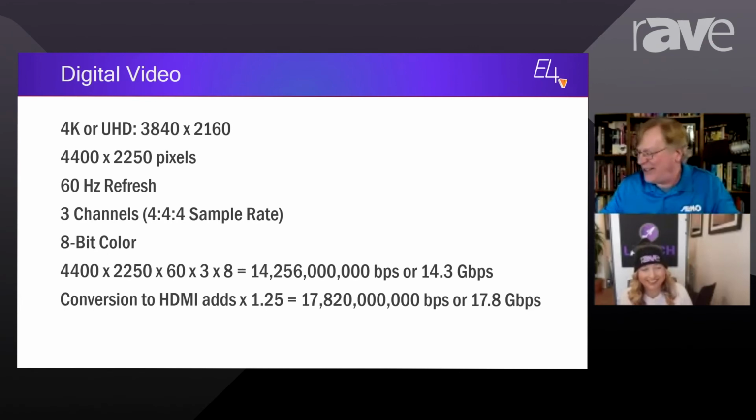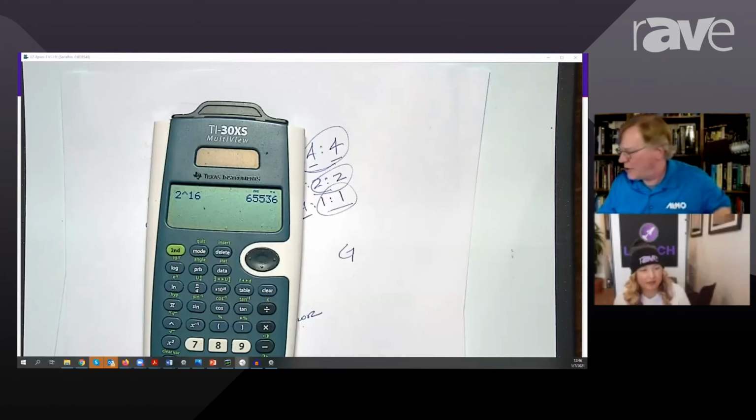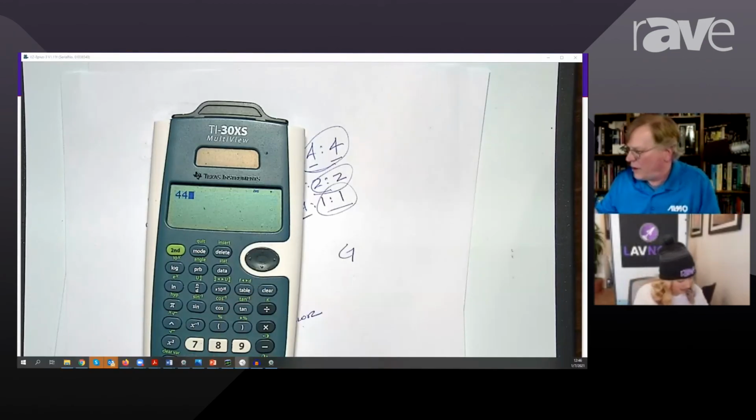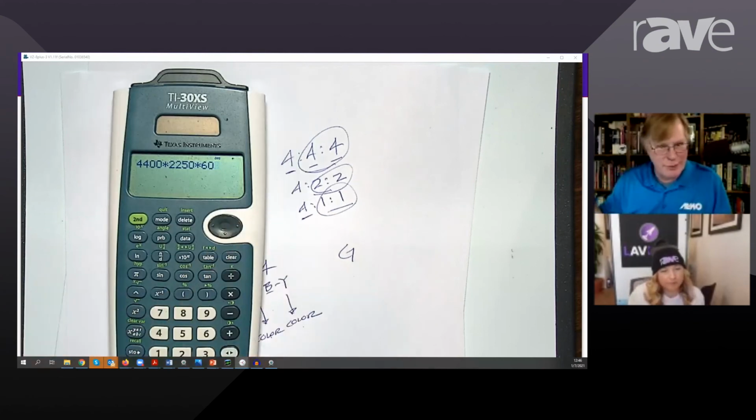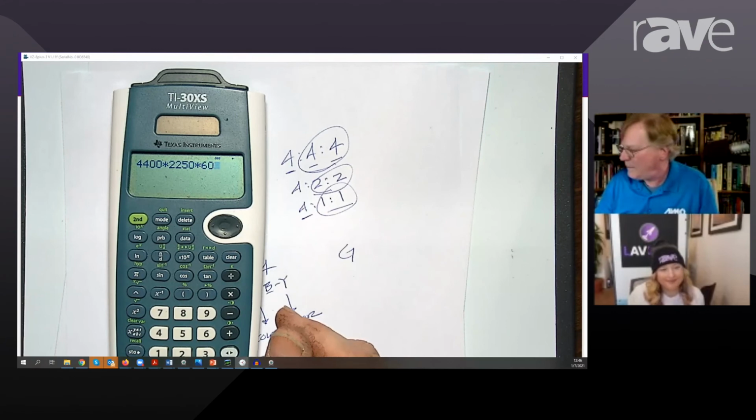Let's do one. When in doubt, do the math. Let's just do 10-bit color and see where it comes out. So 4400 times 2250 times 60. We're still at 60 hertz refresh, we're not gaming at this point, no 240 refresh or something crazy.